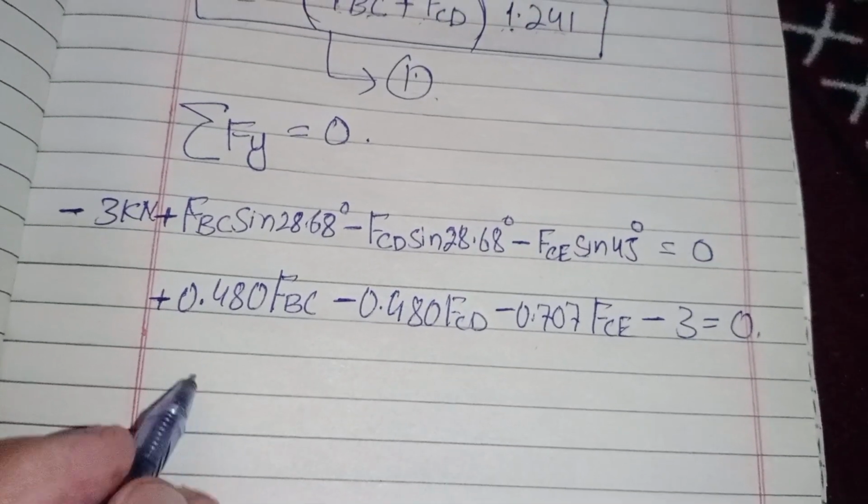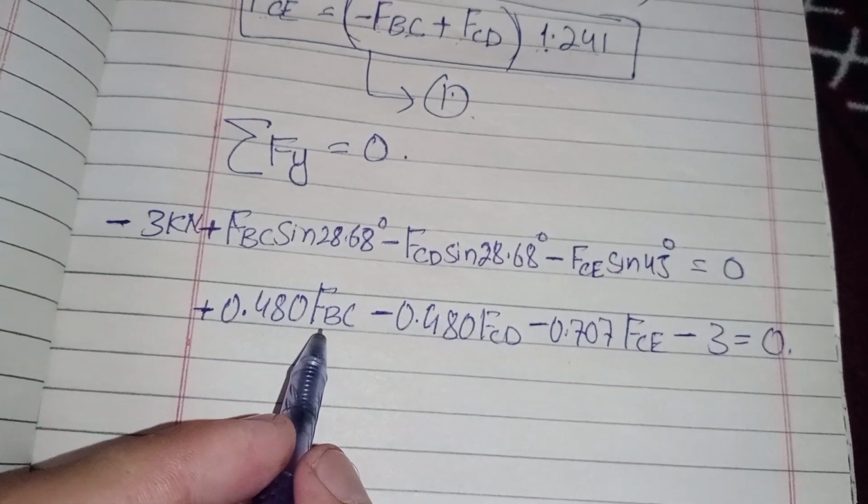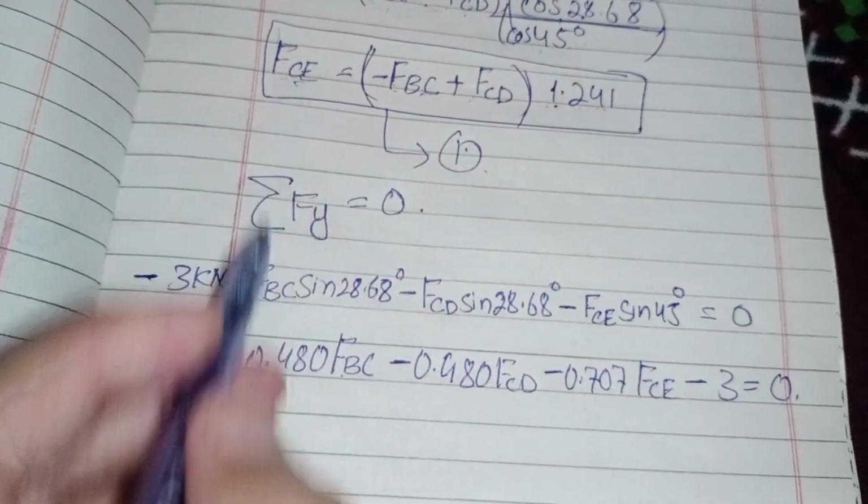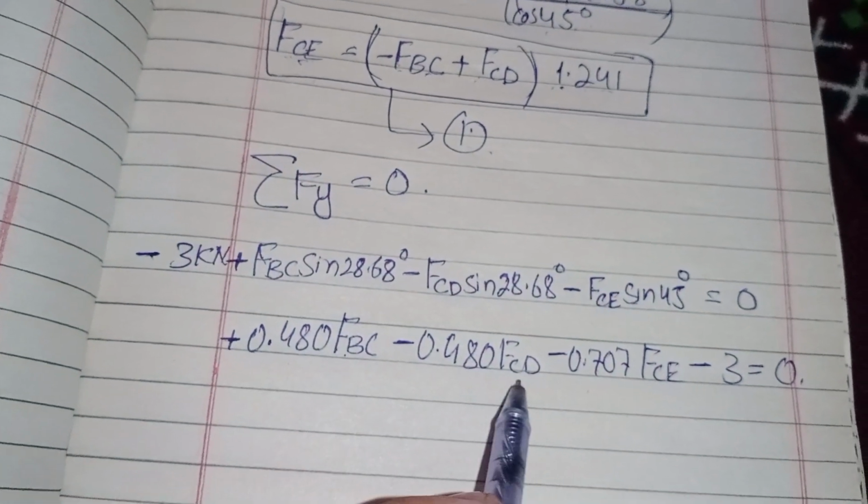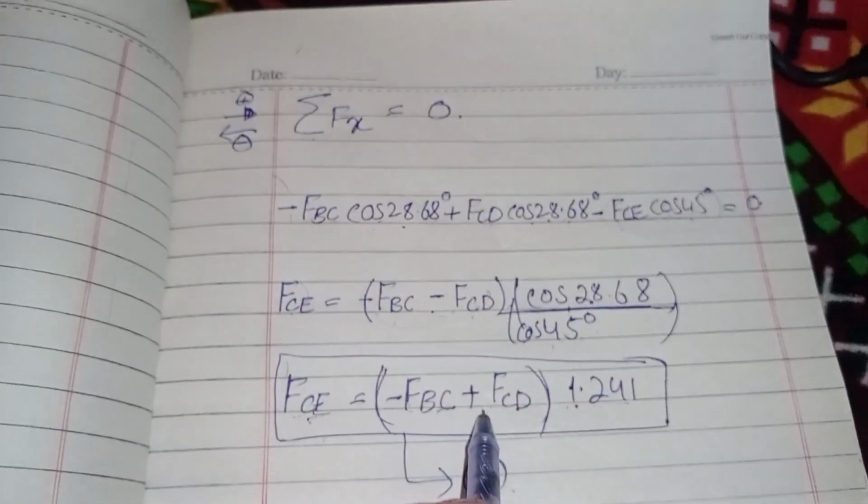Okay, so I want to put this value in place of F_CE.